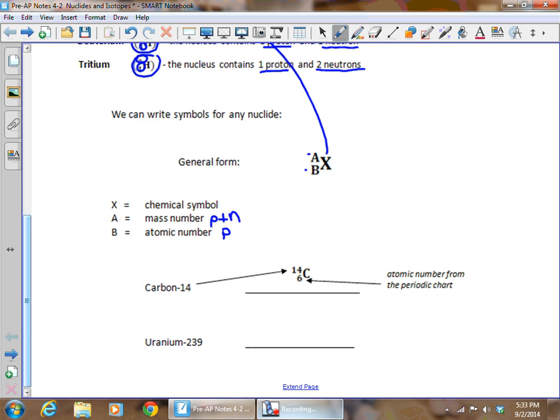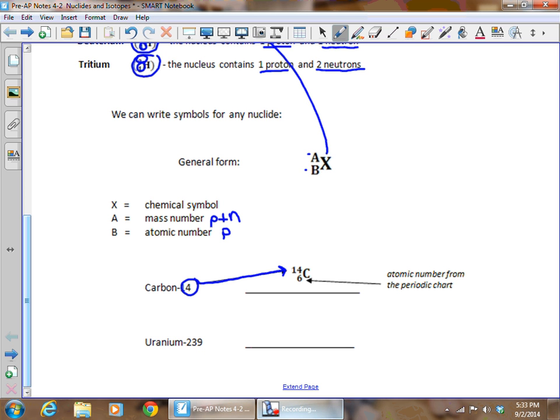So let's look at some examples of that. If we have carbon 14, for example, what does that mean? Well, writing a symbol for that particular isotope, the end number in the nuclide name is always going to be the same number that's on top in the nuclide symbol.